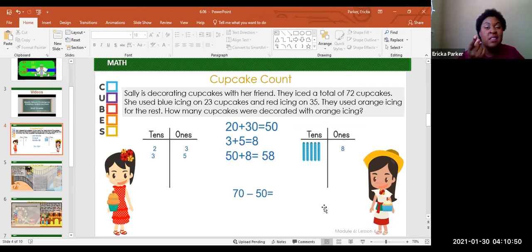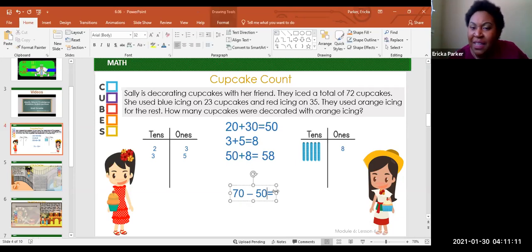And we worked on this last module. How can we show 72 a different way so that we can break down the 10 and the ones? Okay, so what's another way that we can show 72?